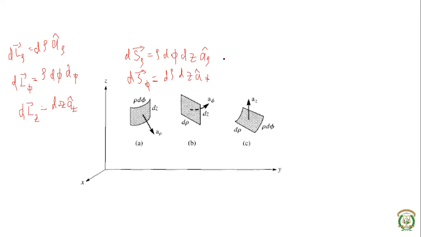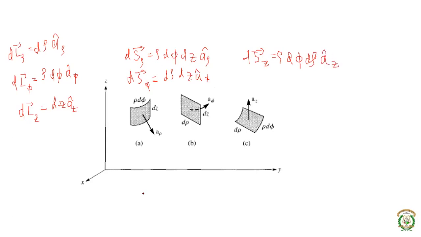And in case of the az direction, the elements are rho and phi. Whenever you consider any direction, you have to consider the other 2 dimensions. If it is a rho, then phi and z. If it is a phi, then rho and z. If it is az, then rho and phi. So in the az direction, ds z will be equal to rho d phi d rho az. So these are the surface elements.